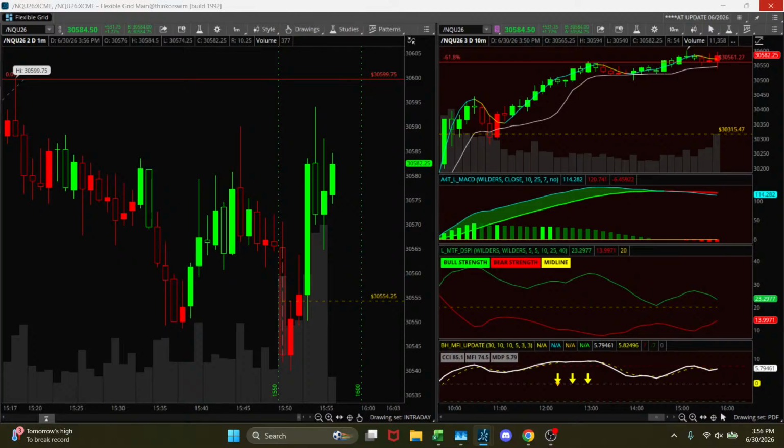Let's see what happens here. If we can actually get like a little pop, or if this is the full extent of the end of day range in the final 4 minutes. There's the extra 15 after the bell as well.